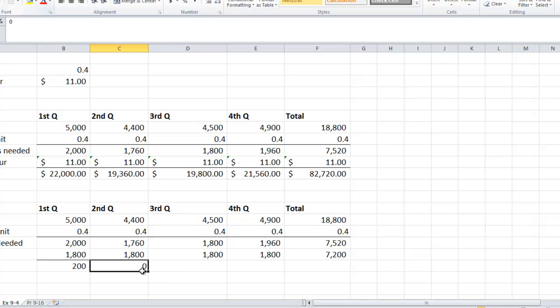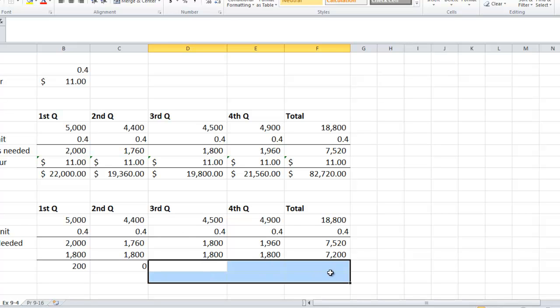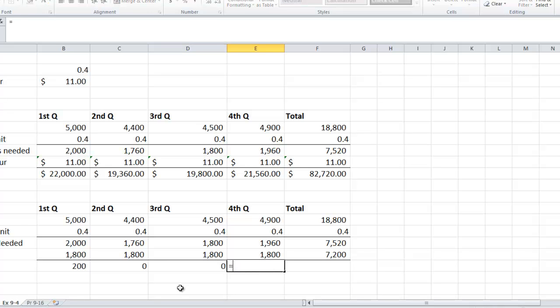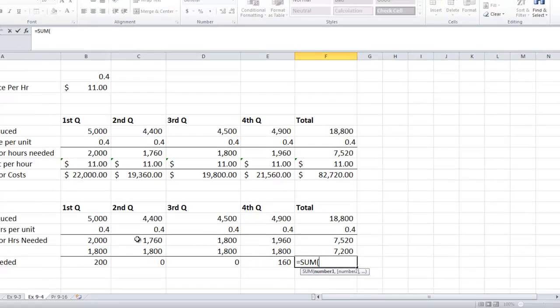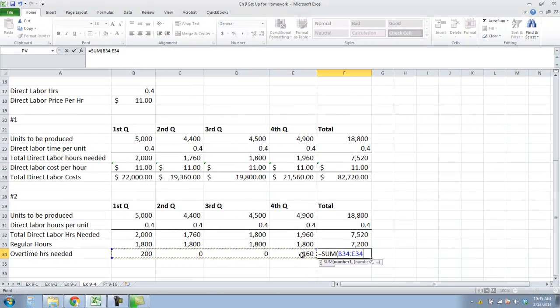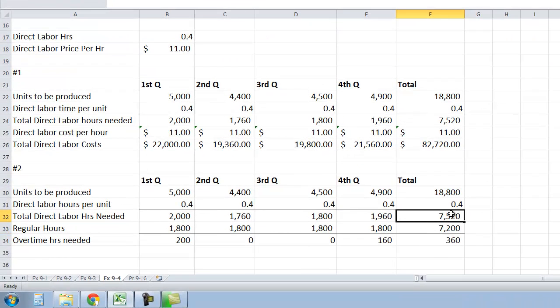If they require less hours than 1,800, we put a 0. This one's even. This one has more than 1,800, so calculate how many overtime. And our total overtime for the year is the sum. Even though we work less hours than required, certain months work more than the 1,800 hours.